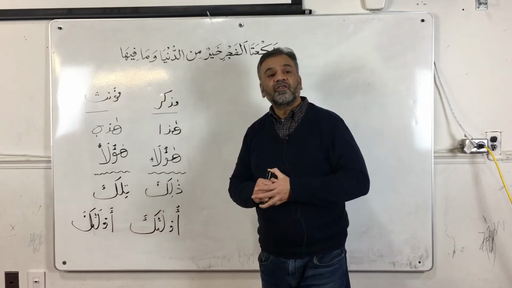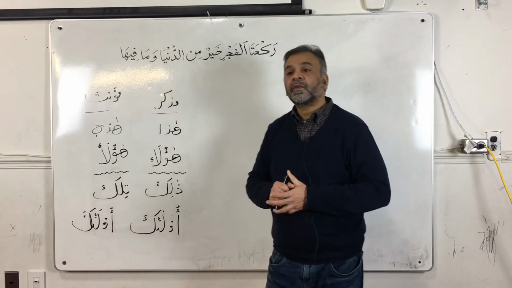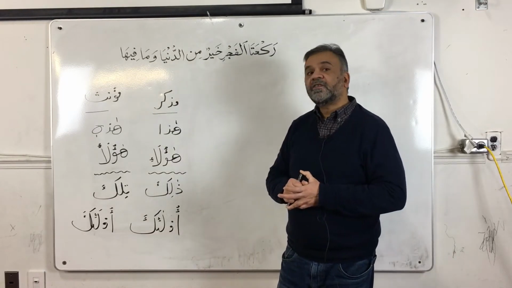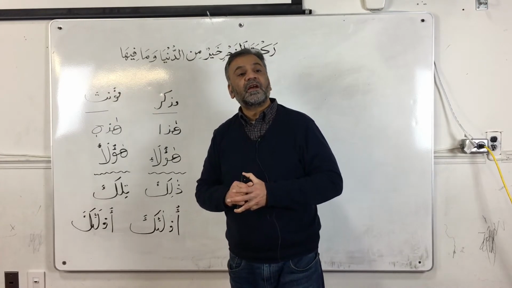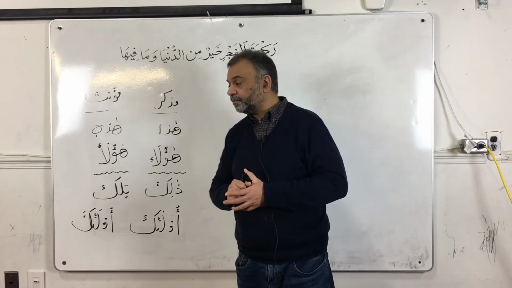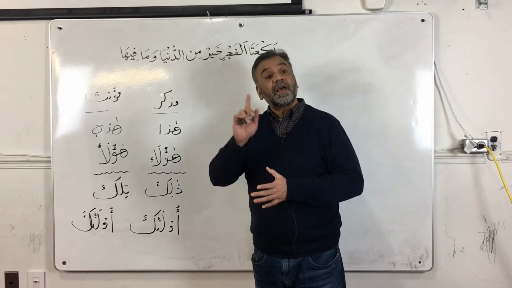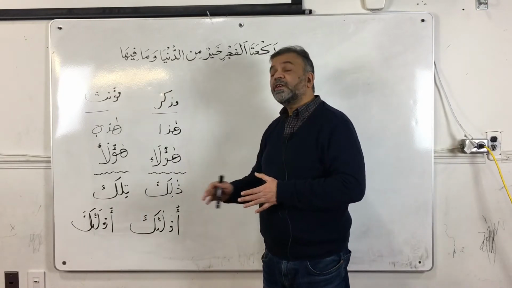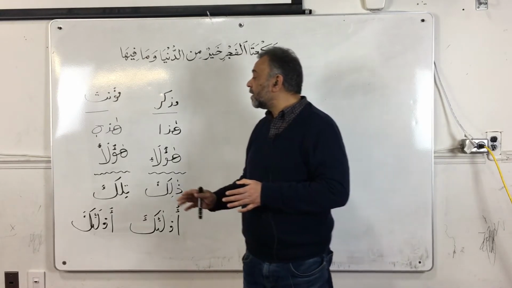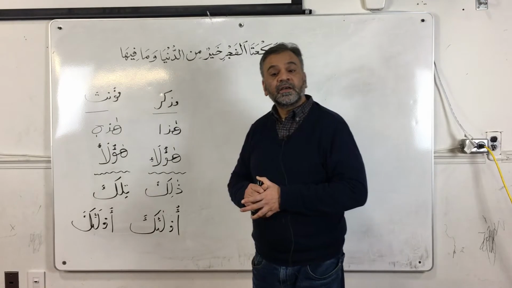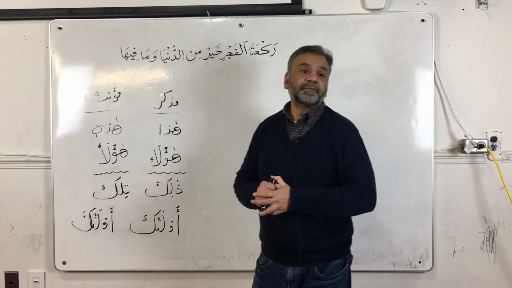Same with ismu ishara lil ba'id, things that are far from us, when we are pointing at things that are far from us. When it is masculine gender and singular, we would use zalika, and when it is feminine gender singular, we would use tilka.